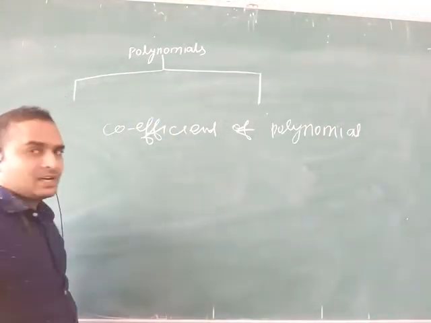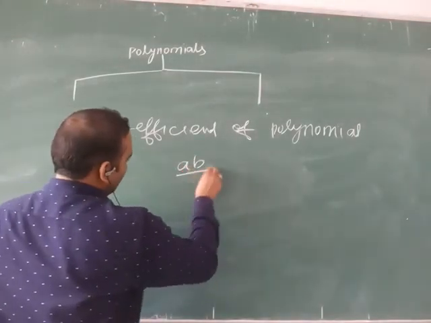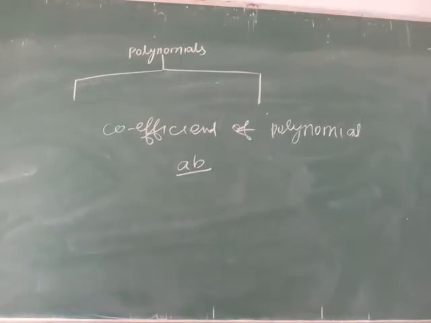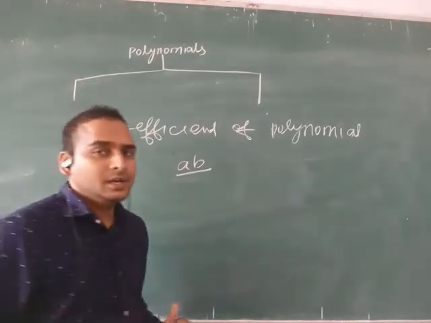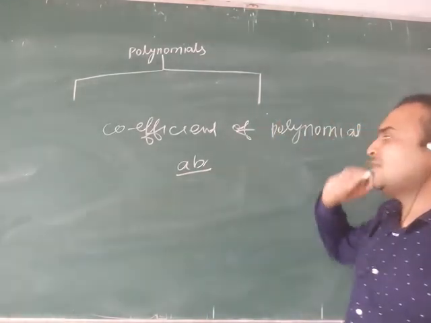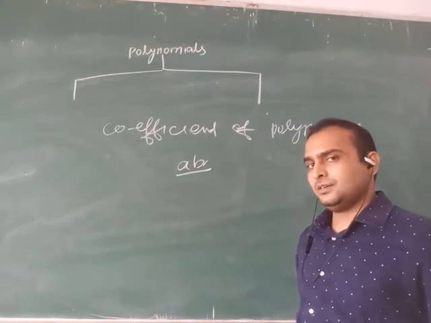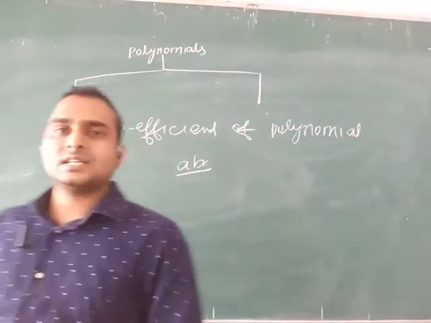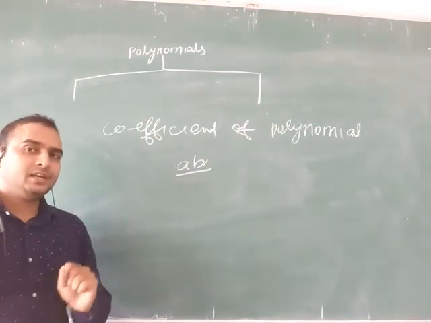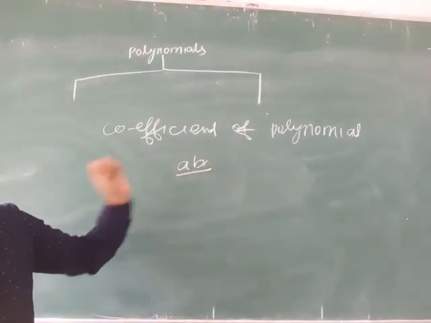Now, if there are two students A and B, and it is asked who is the friend of B, exactly we will say A. And if it is asked again who is the friend of A, then B is the friend of A.